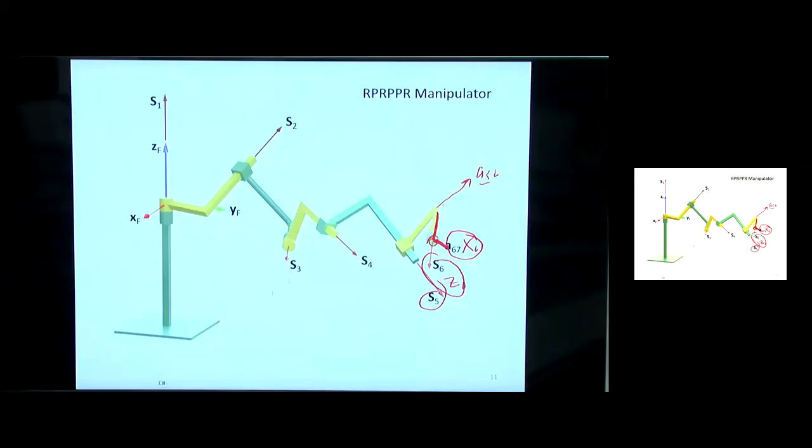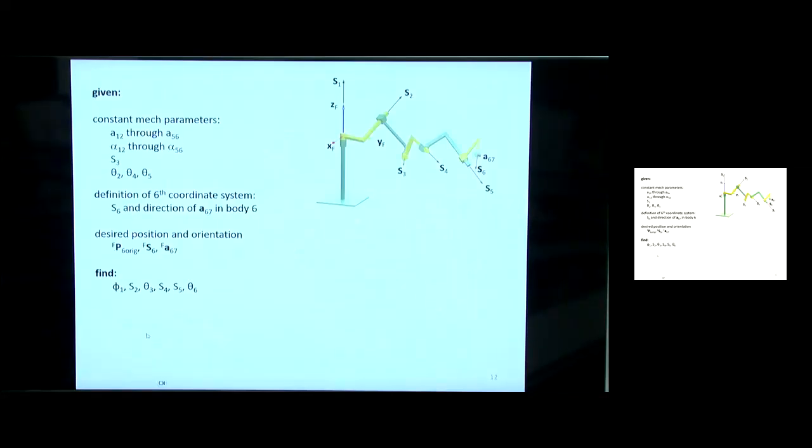And again, this isn't anything new. We did this when we talked about the manipulators and did the forward analysis. There's our stuff that never changes. We made this choice of S6 and we etched that direction so we get that coordinate system on the last body. Then in the reverse analysis, it's like, what's the desired position and orientation of the last body?